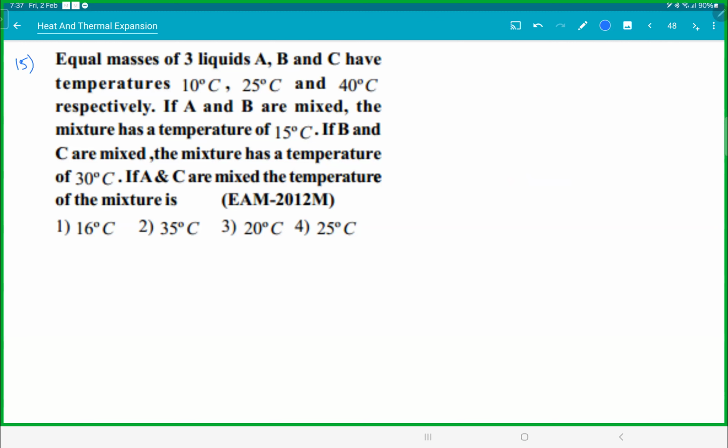Check it out. Let's see. First let's talk about A and B. The mass of A is the same, with specific heat SA. The temperature has become 15, so 15 minus 10.